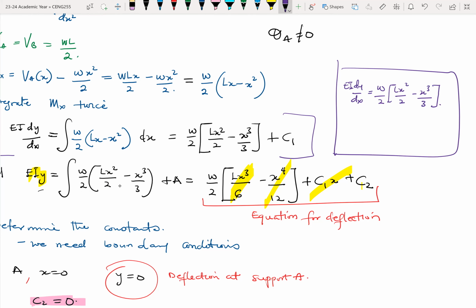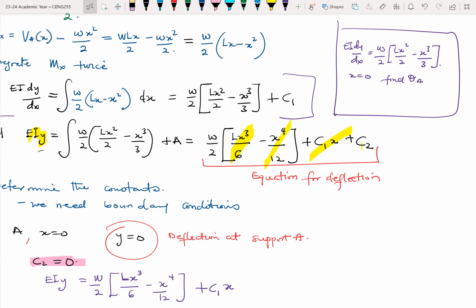So that if at x equal to 0, where we want to find the slope theta A, am I correct? Let me see if I've not missed anything else. Boundary condition, let's find C1.